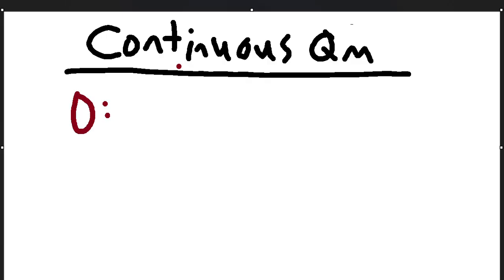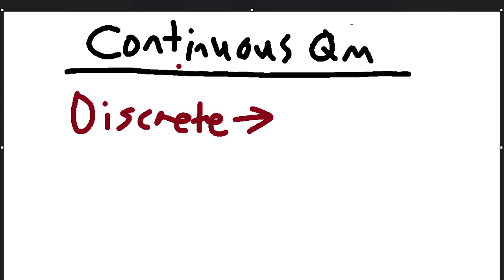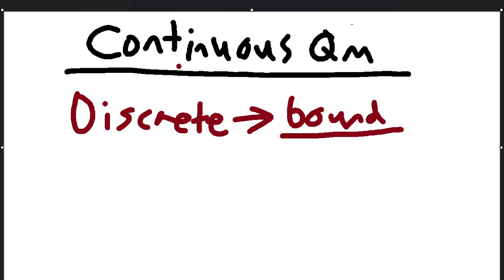But for example, discrete, which is what we studied last time, has to do with bound systems usually. Normally, the atomic orbitals of an atom are bound, and so they're discrete. This obviously isn't always the case, but that's usually a good rule of thumb, is that something like a bound system, like bound energy, is discrete.